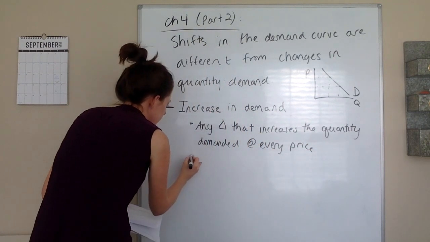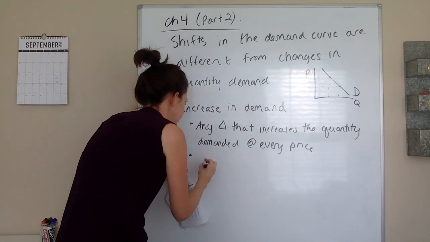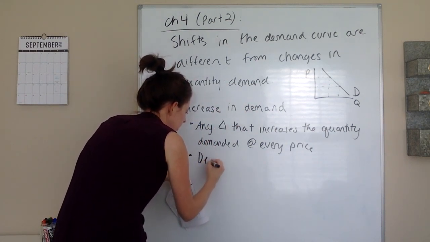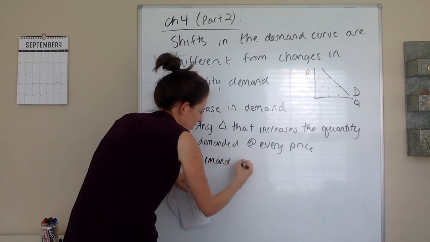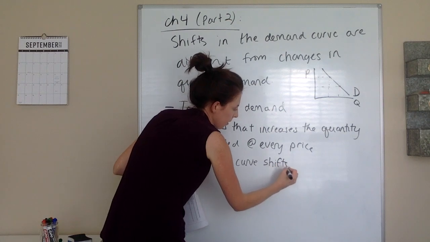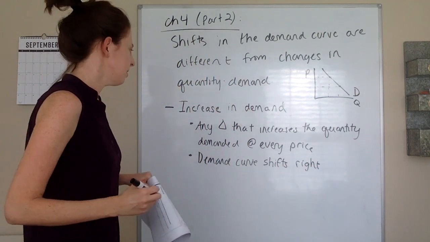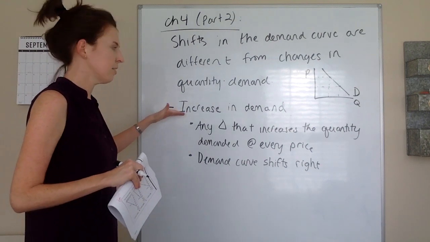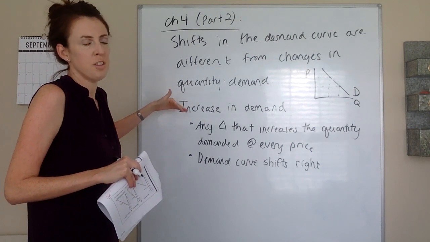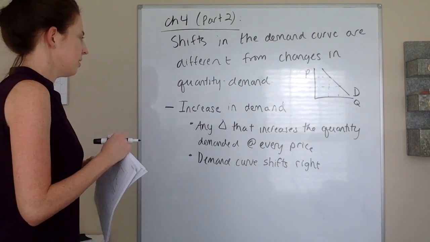When this happens, the whole demand curve is going to shift right. So the demand curve shifts right. This is an increase in demand, which is an example of a change in the demand because the whole demand is changing. So that's an increase in the demand.